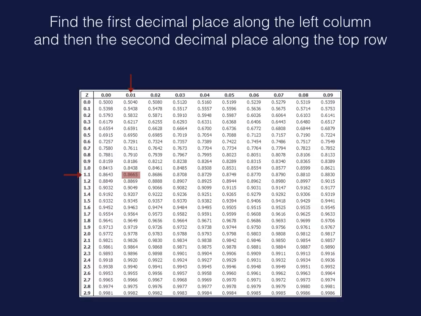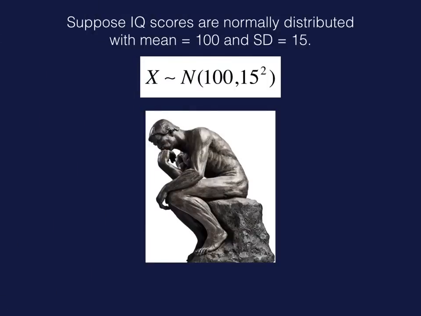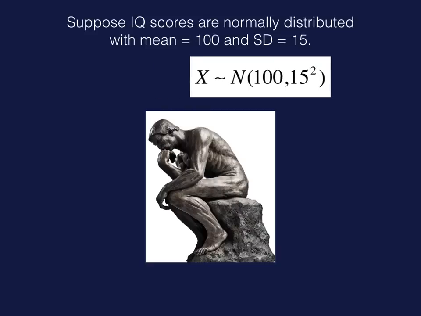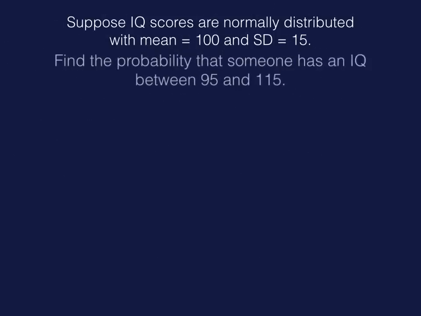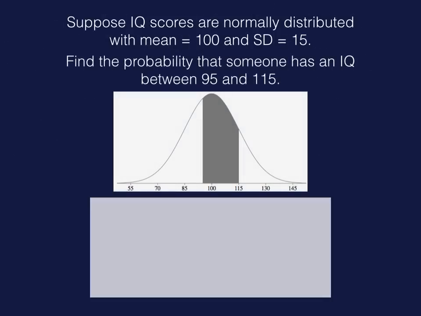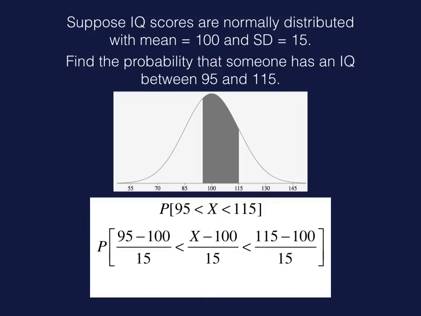Okay, another example, back to IQ. IQs in real life are normal, and they have a mean of 100 and a standard deviation of 15. I want the probability that someone has an IQ between 95 and 115. With my probability statement, in all three places, I'm going to subtract the mean and divide by the SD.